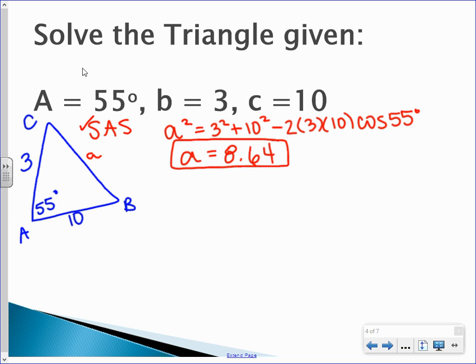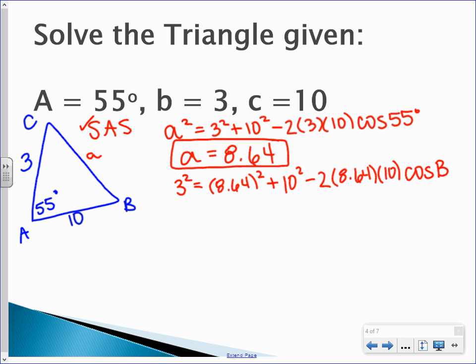Okay. So if we are going to find angle B using the law of cosines, we need b squared to be that lower side on the left side of our equal sign. So we need to say b squared equals a squared plus c squared minus 2 times a times c times the cosine of angle B. Okay, we have some work to do.